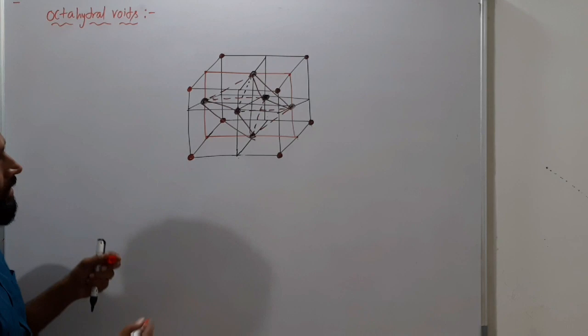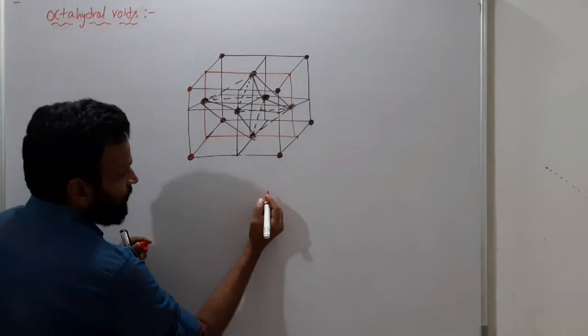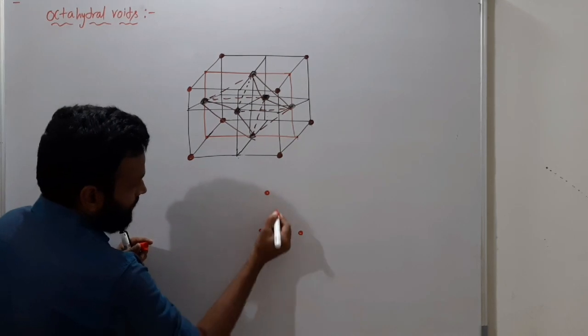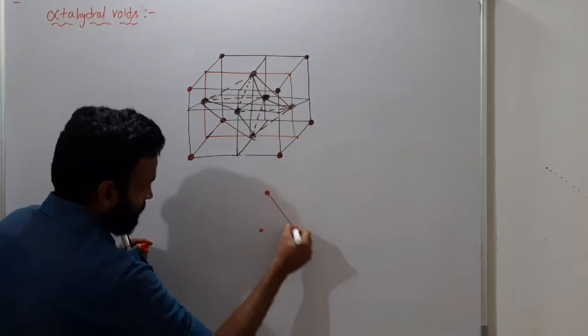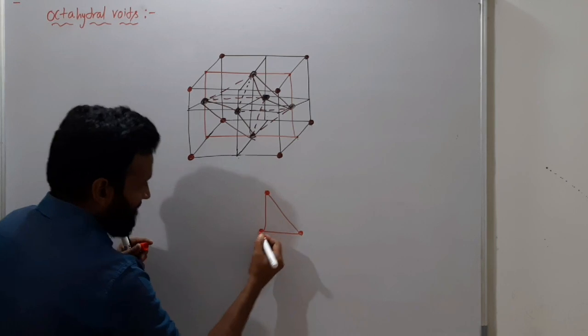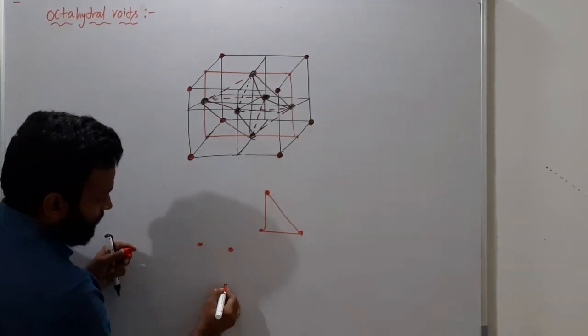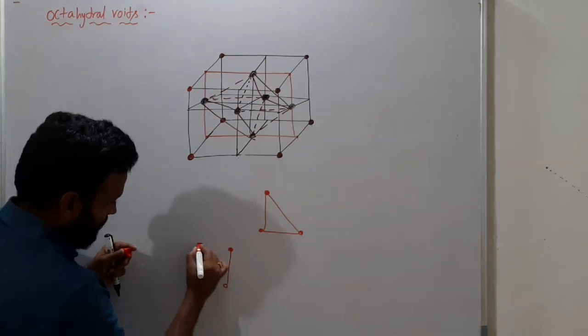So now you have an octahedral void. I will write clearly so that you can understand. 1, 2, and 3. Like this you have, and 3 more here. 1, 2, and 3. Like this.